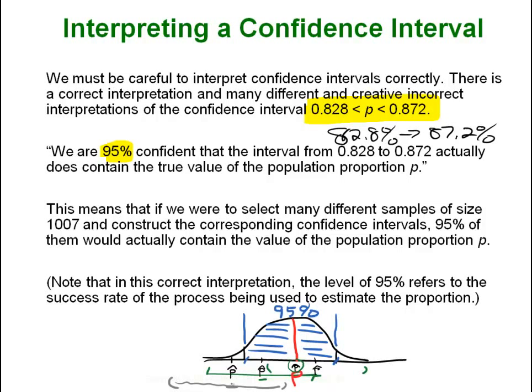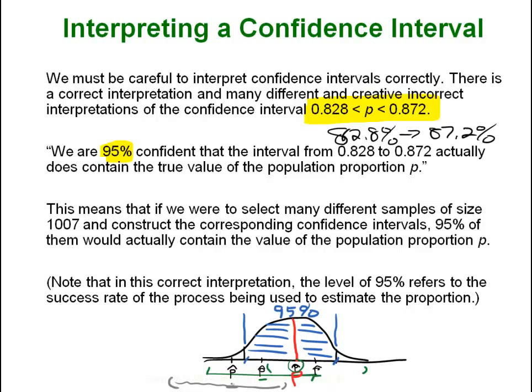Because of the way probability works, we know that 95% of our samples are going to have a p hat that's within a certain fixed distance from the actual true proportion of the population. So if we build an interval around that p hat that is the same size as that fixed distance, then we know that interval will contain the true proportion.